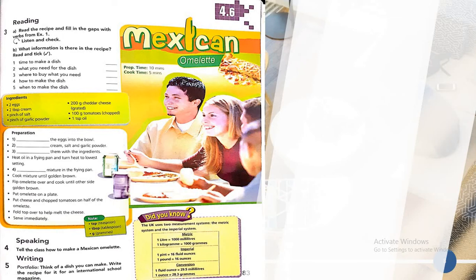So we have to read the recipe and fill in the gaps with verbs from exercise 1. So this is the recipe, and we have here the ingredients and the recipe.